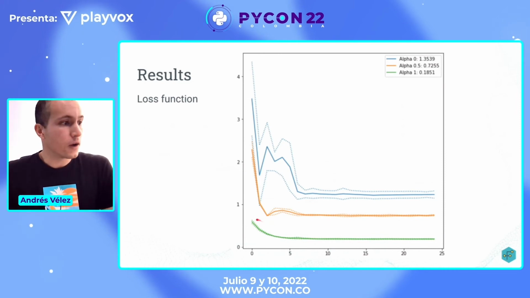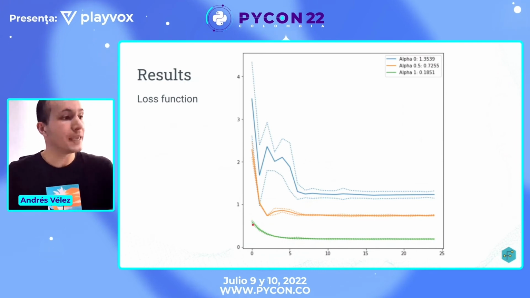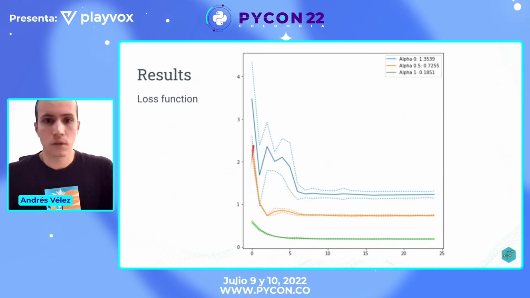When using alpha equal to 1, so just the cross entropy, we notice the loss function is more stable than when we use an alpha equal to 0, which in this case is just using the mean square error.